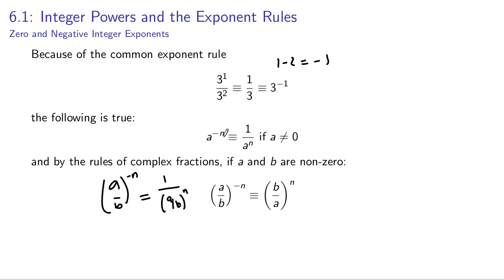And of course, this works with 1, so if you have a to the minus 1 power, that's the same as 1 over a to the first power, which is just a. Often when we're talking about multiplicative inverse, we'll use a negative 1 power to indicate taking 1 over that number.